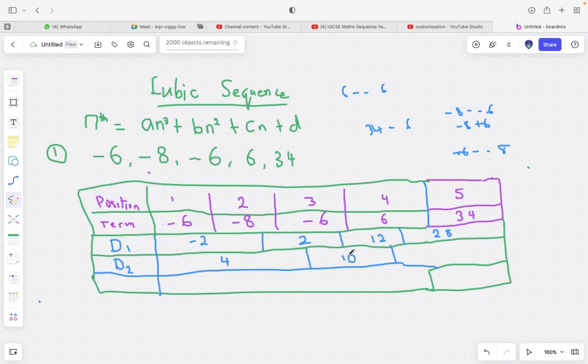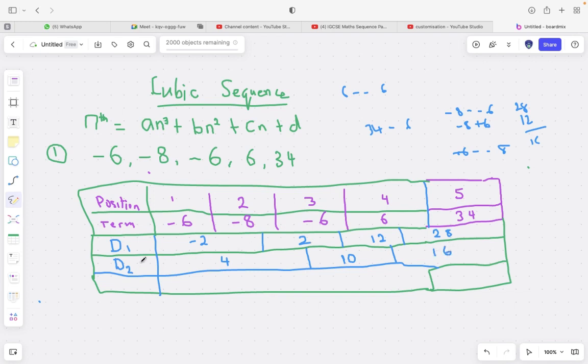So we have 10 here. Then the difference between 28 and 12, 28 minus 12, that will be 16. So here we get 16.